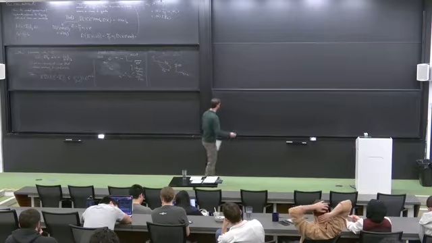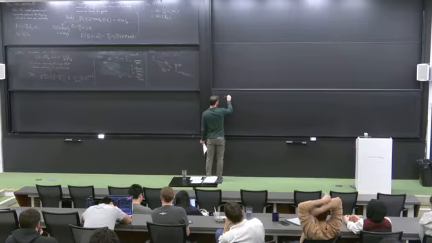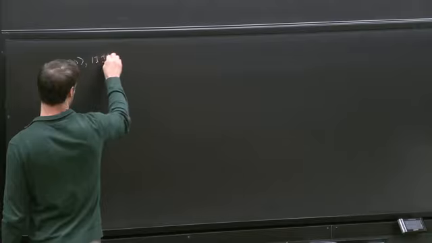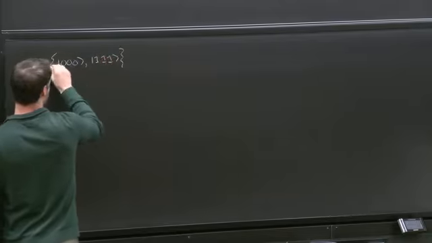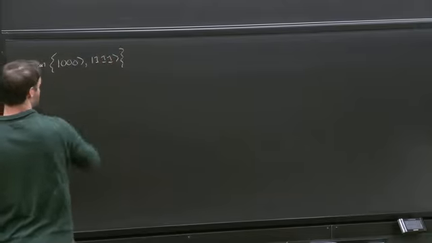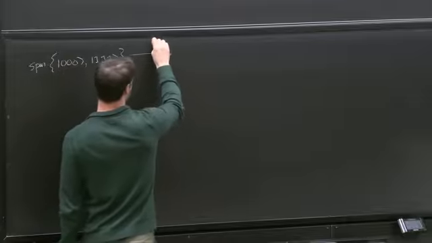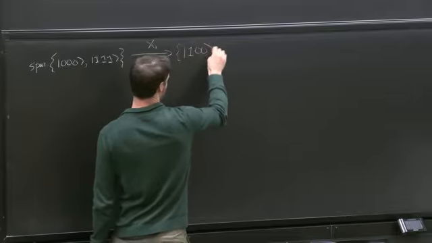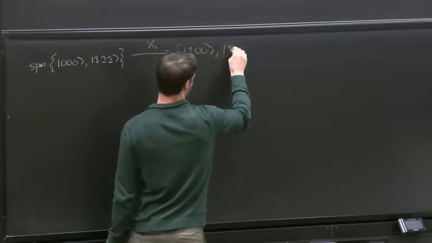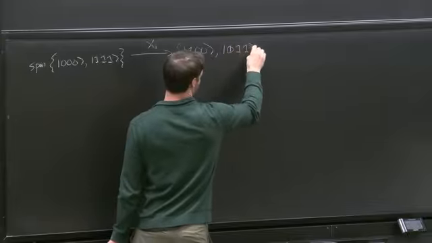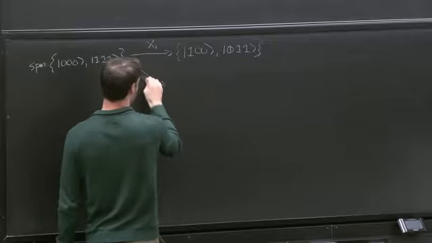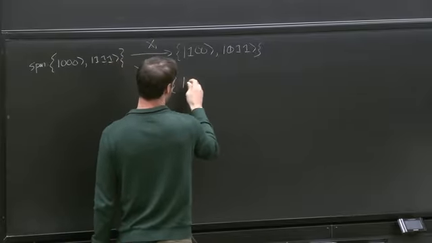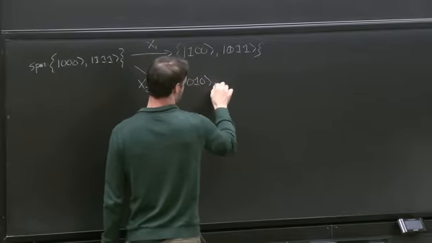And the original subspace that I start in before any error is the span here, right? And then if I have an X1 error, now I'm in the span here. And if I have an X2 error, I'm in here.